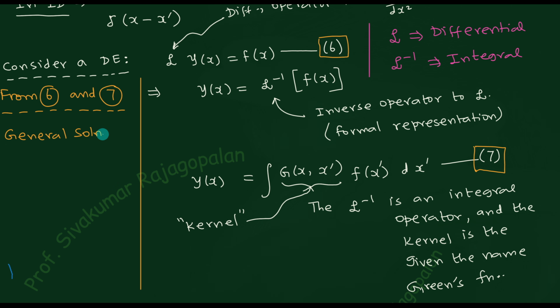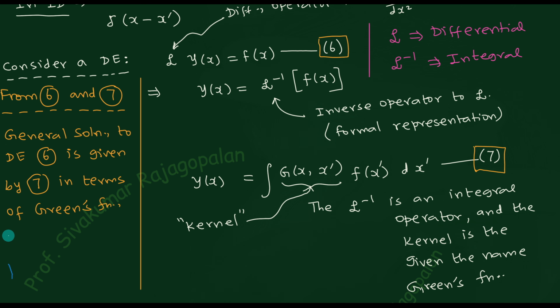The general solution to the differential equation number 6 is given by 7, but 7 is given in terms of the green function, and the green function itself corresponds to the operator L. That is a point to be noted.